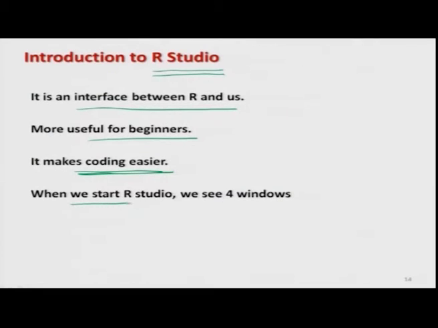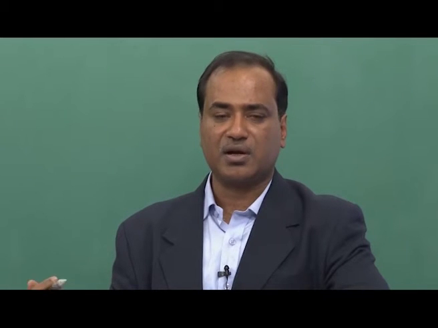Right. So, as we have seen earlier, whenever we start RStudio, we have 4 windows. Now, our objective is that we want to learn what these 4 windows indicate, what type of information is contained and provided by these 4 windows. Right.